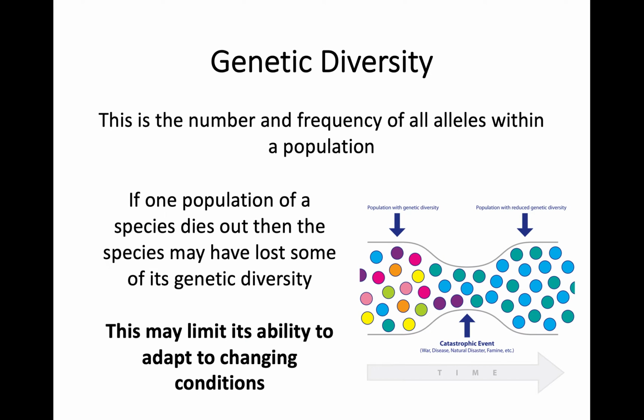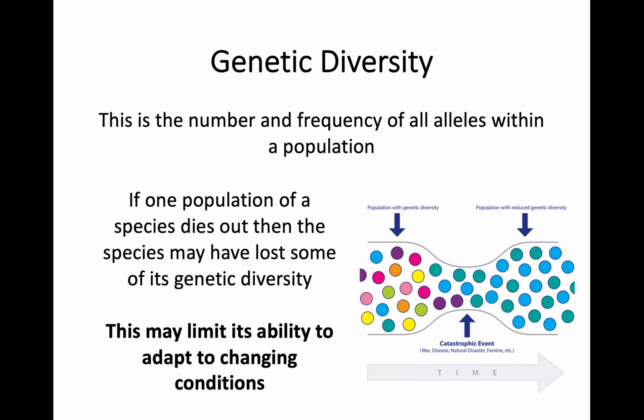So in terms of genetic diversity, we've spoken quite a lot about how it's always good to have a mix of genes. You need to have a lot of different alleles, a lot of different genes available, and it gives you this useful mix. So the number and frequency of all alleles within a population is genetic diversity. However, if one population, for example, dies out from a species, that can have a knock-on impact on the genetic diversity of that species.